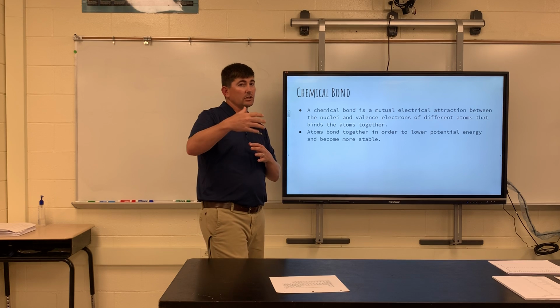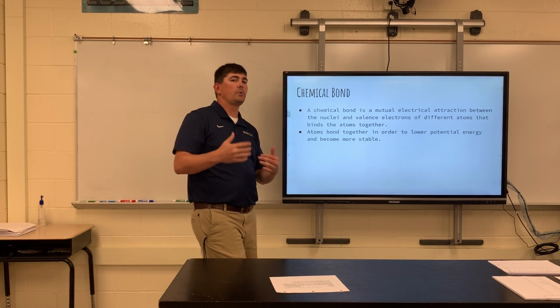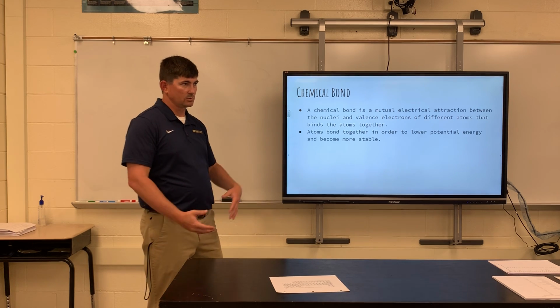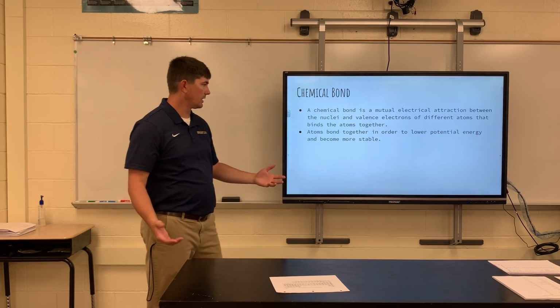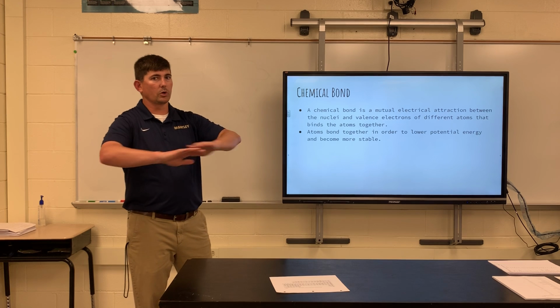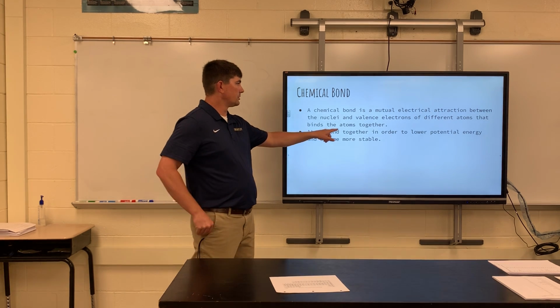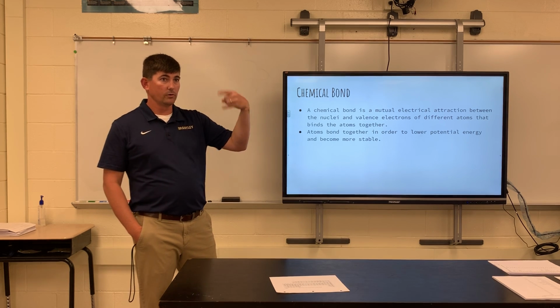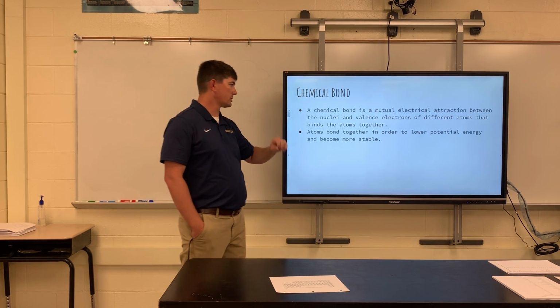It still bonds with stuff, but it's a little bit more picky about when it's going to get in a bond than, say, potassium is. Potassium is a little bit more eager to get in a bond, so it's going to bond with more things. Regardless, across the board, they're going to do it to lower their potential energy and become more stable. Those two things, you'll hear me say it over and over again: lower their potential energy and become more stable.